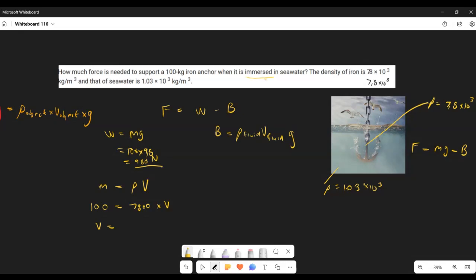Just bear with me. So let's find that volume, and this volume of the object is the same volume as of the fluid. That's the amount of fluid displaced, due to the volume of the object. It sounds strange, but you will see.